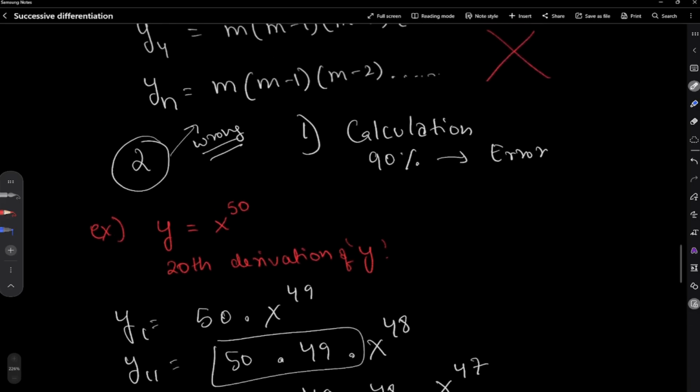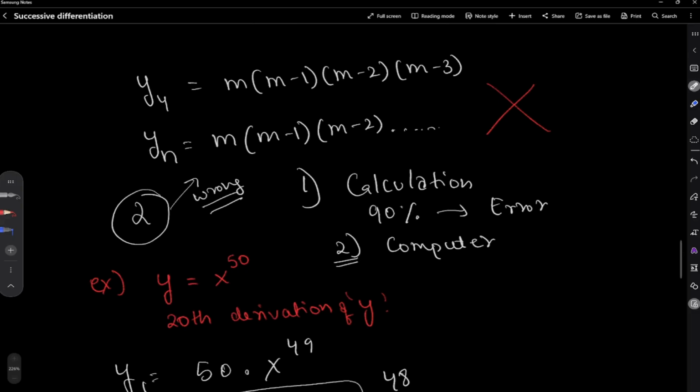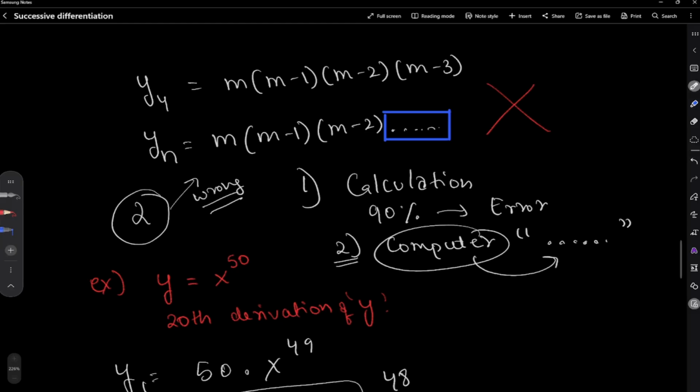And the second reason is it is not something a computer can understand. Why did I say that? Because of this right here. What is this? I call it the dots. Computers cannot understand these dots. They do not know how long they should multiply something for.